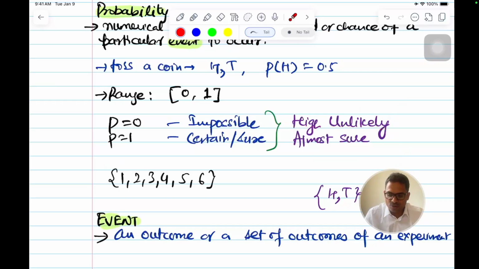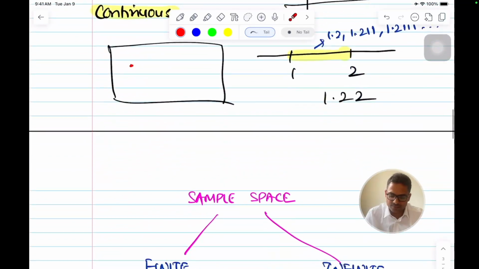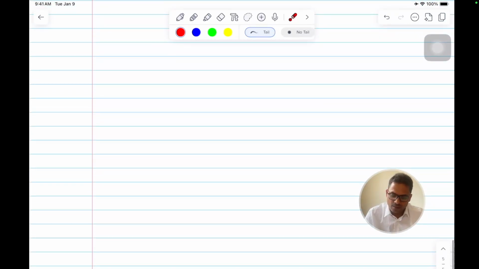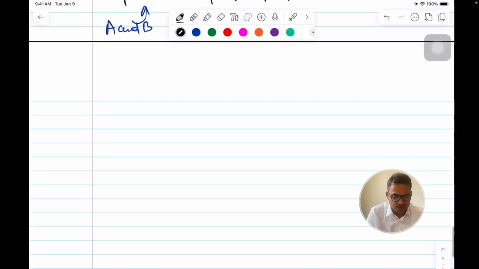As I mentioned, probability of 0 doesn't mean impossible, and probability of 1 doesn't mean certain. Let me give an example so that you understand. Let me continue with the same example. On the number line, I have 1 and 2.